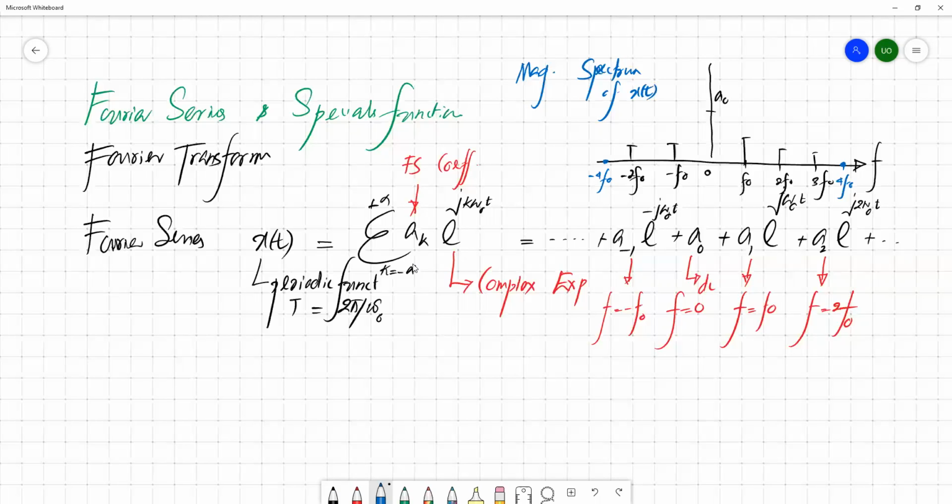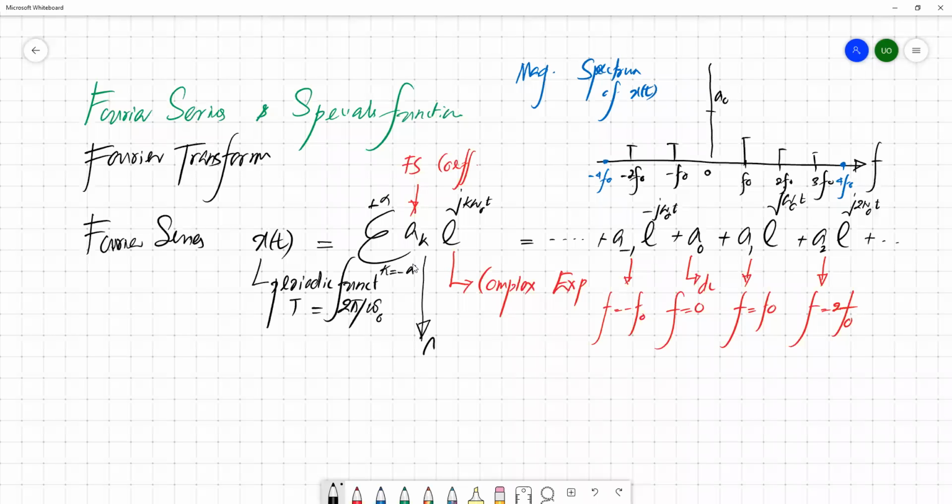So by converting x(t) into a Fourier series, we get a clue about the frequency components inside x(t), or what frequency components contribute to x(t).